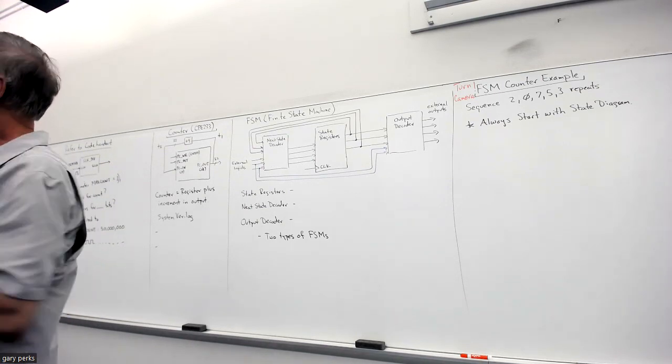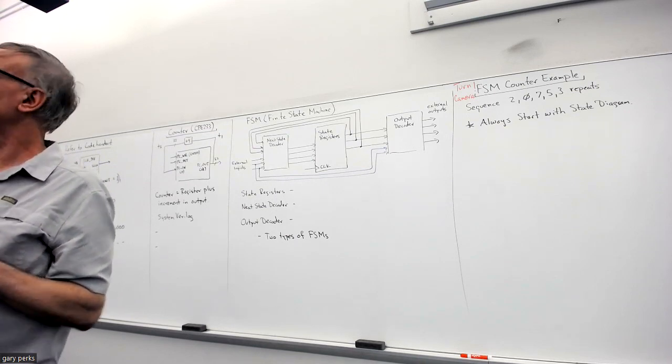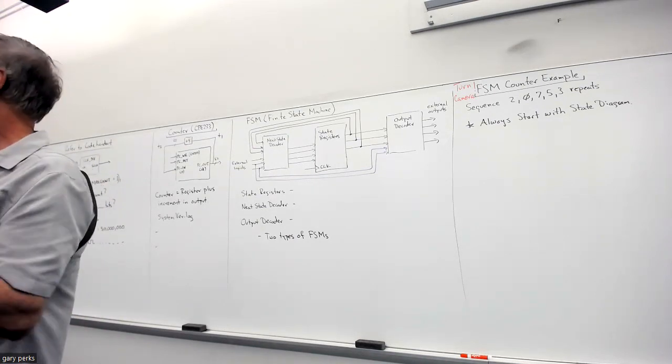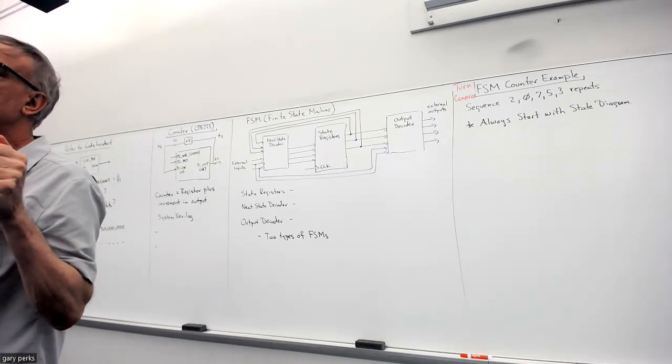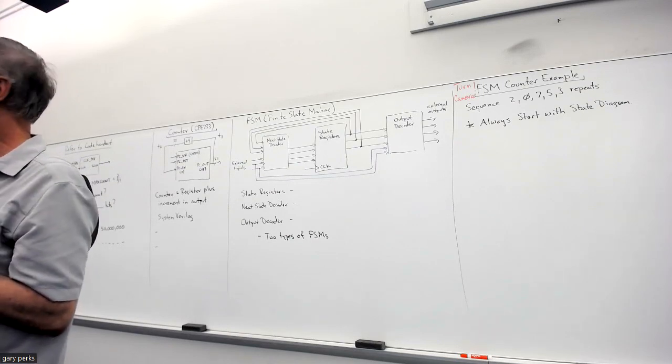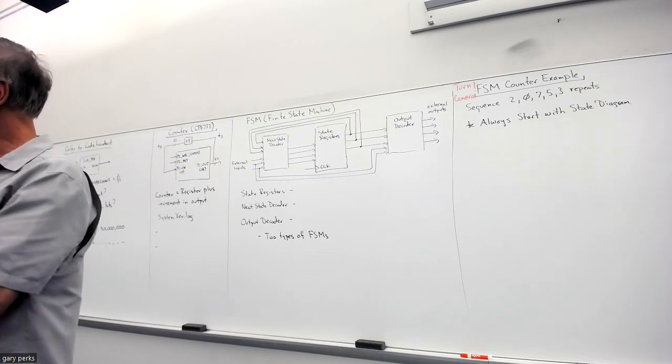The FSM is controlling all the reads and the writes of all these different components. And you'll learn again in that class that those signals are time critical. So the FSM is taking care of all the time critical signals in the microprocessor.